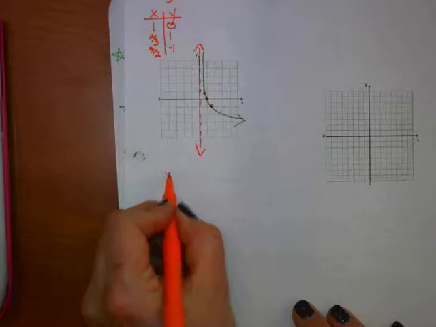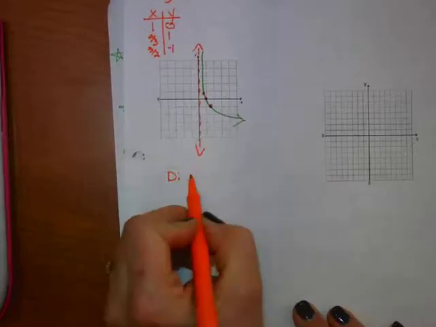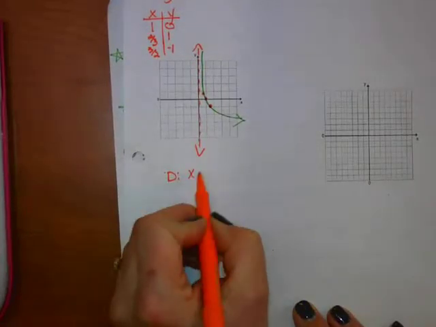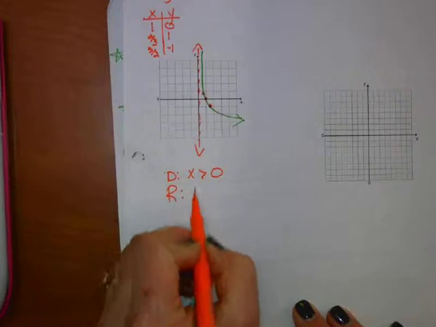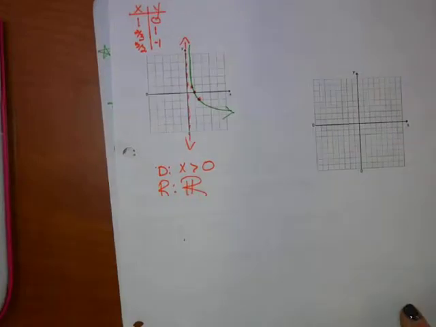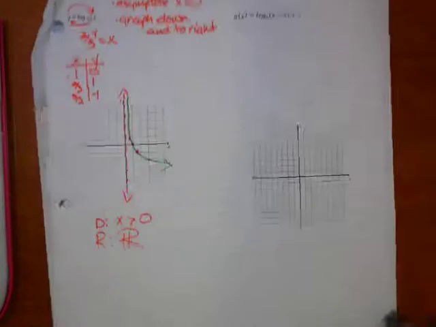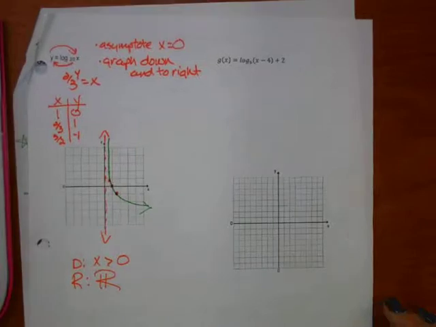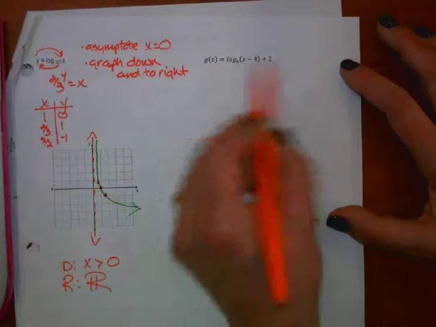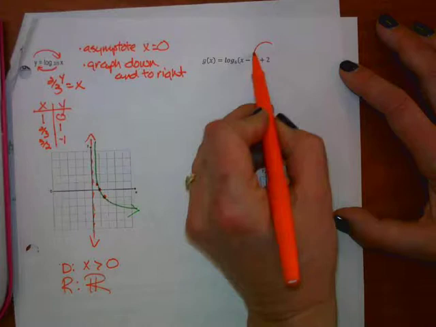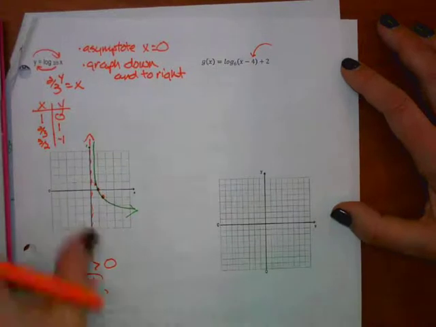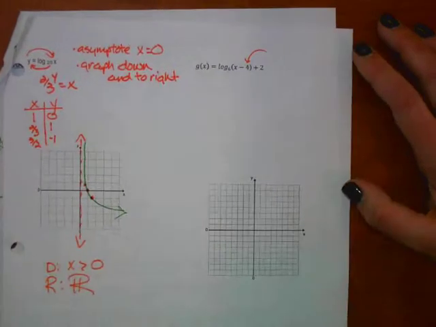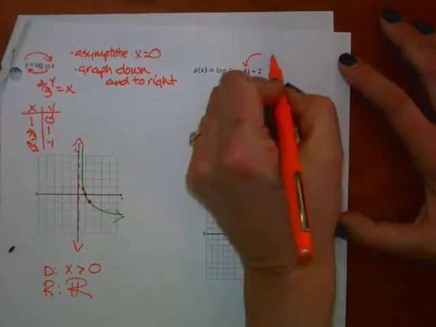What's the domain? X is greater than 0. The range, all reals. Now, of course, we have to add an h and k in, and then we'll be done. So let's do an h and a k. All right, what's the asymptote in this function? It's your h, remember? So was that a positive 4 or a negative 4? Positive 4.